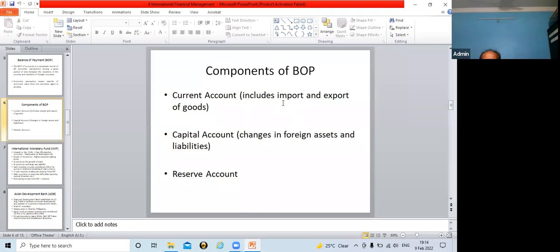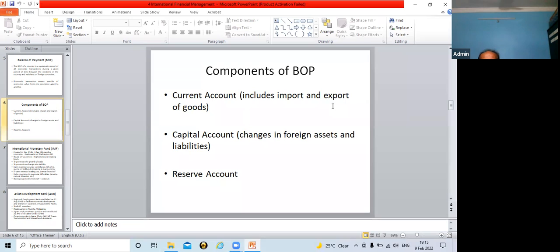Now, this entire import and export, when we export, how is it accounted in balance of payment? It is written on the positive side, because when we export material, it means we receive foreign currency from other countries.